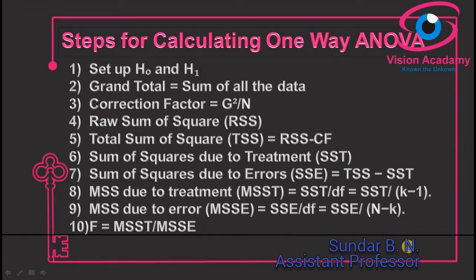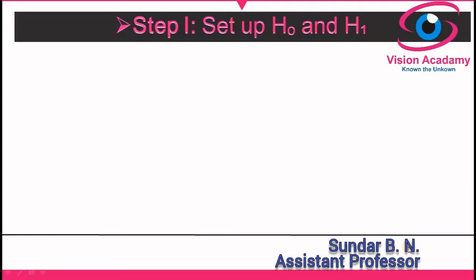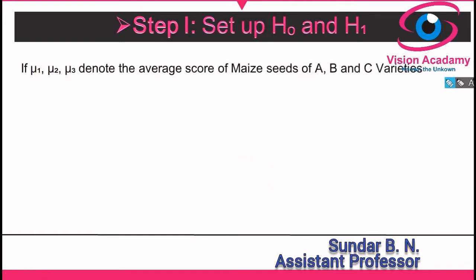Firstly, we have to set up the null and alternative hypotheses. Since we are considering 3 samples in this problem, that is A, B, C, which are the varieties, we have 3 mu's under study. So if mu1, mu2, mu3 denote the average yield of maize seeds of varieties A, B, C, we have to give a mathematical indication for the A, B, C varieties.